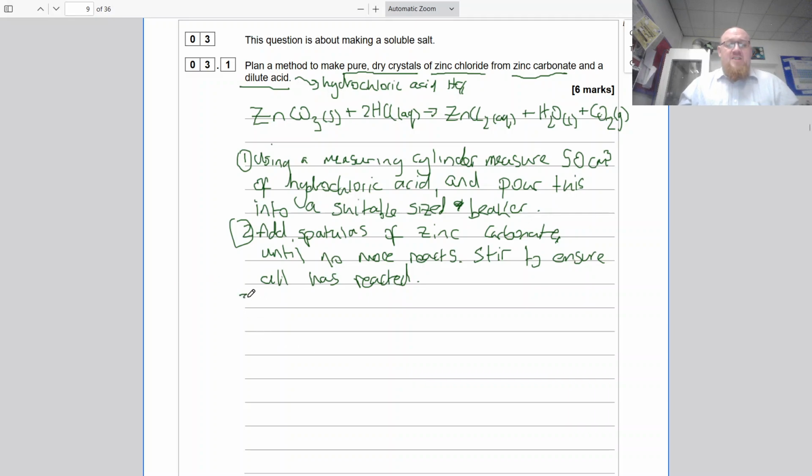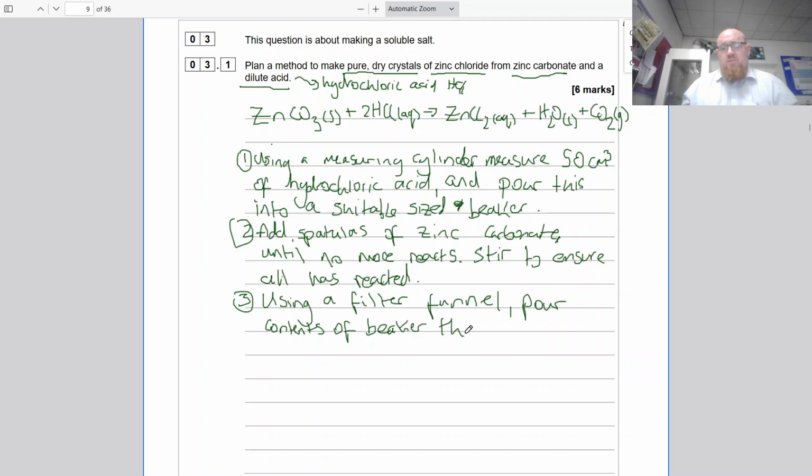So the next thing we need to do is filter out the zinc carbonate. So using a filter funnel, we are going to pour the contents of the beaker through the funnel into a conical flask.